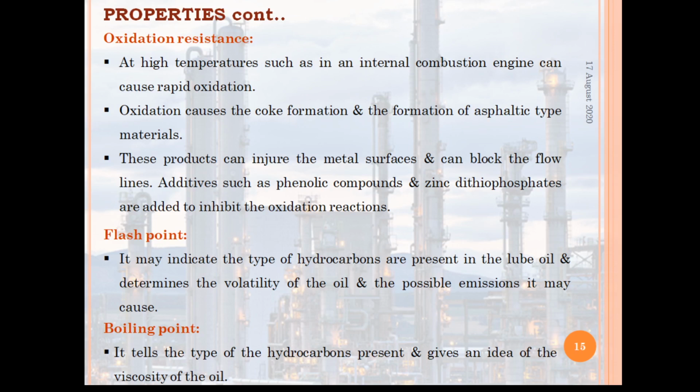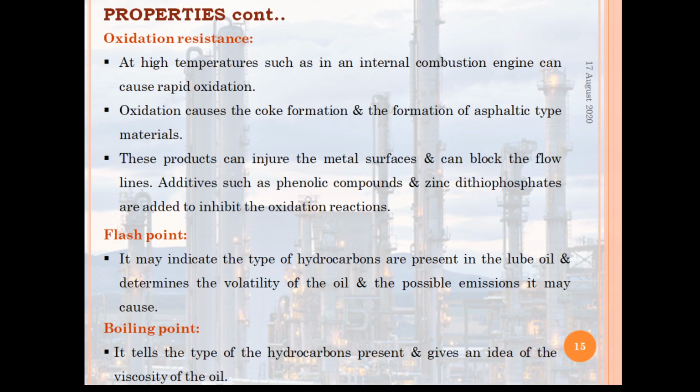And then the flash point. This indicates the type of hydrocarbons present in the lube oil and determines the volatility of the oil and the possible emissions which may result.